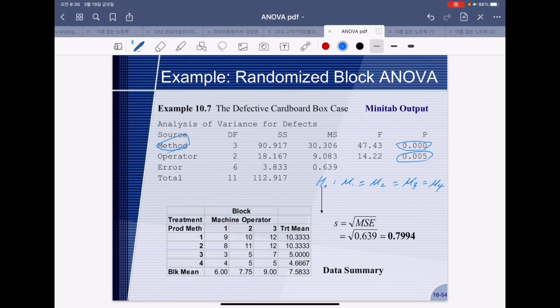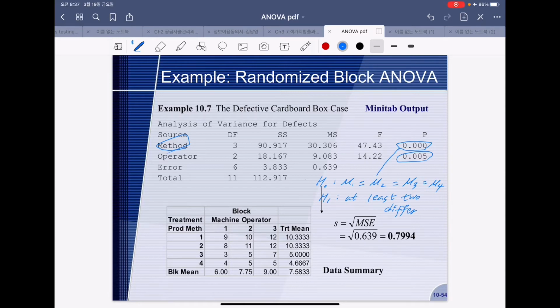And the alternative hypothesis is that at least two of the four means differ. In this case, the p-value is almost zero.